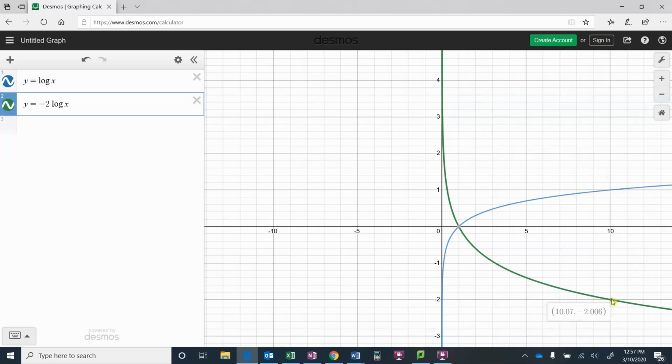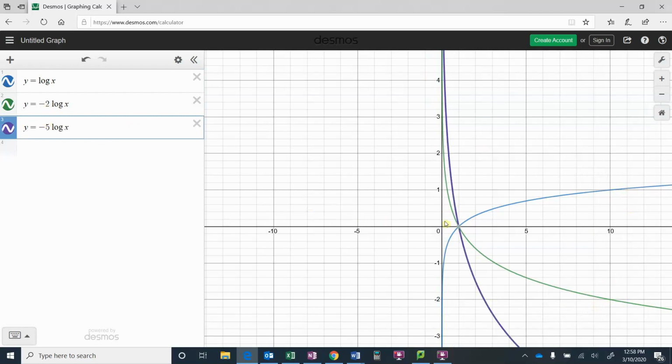Can't quite get it there, but you can see it'd be 10, minus 2. So it's still doubled, but now it's also reflected in the x-axis. It's been flipped upside down. And so what that's done to our graph is it makes our graph start to decrease. Our graph is going down. And as long as we keep that value negative, the graph's going to continue to go down, down, down.